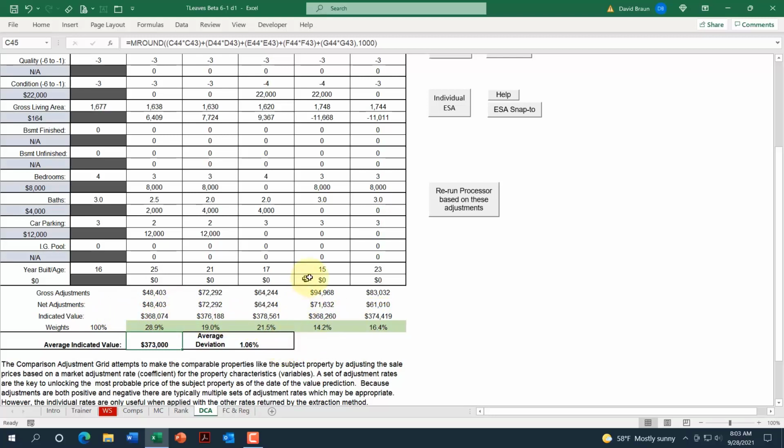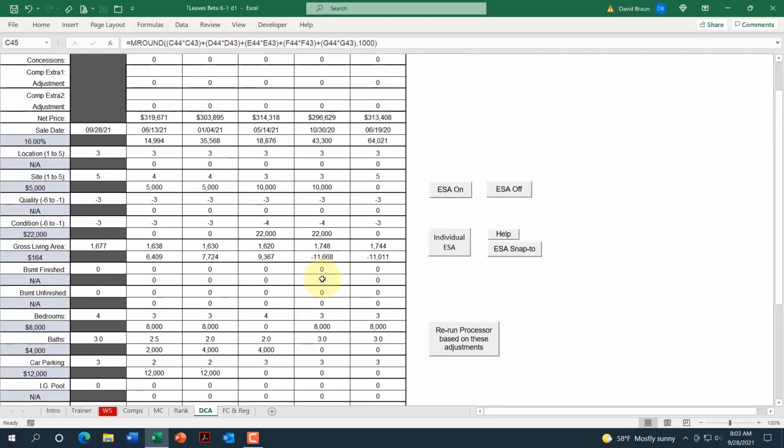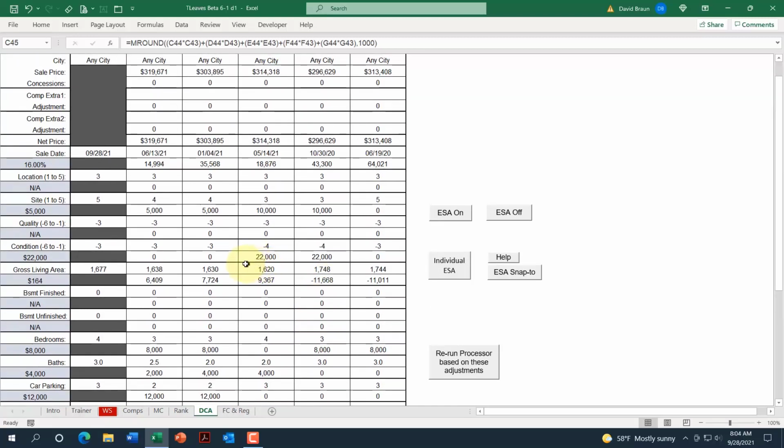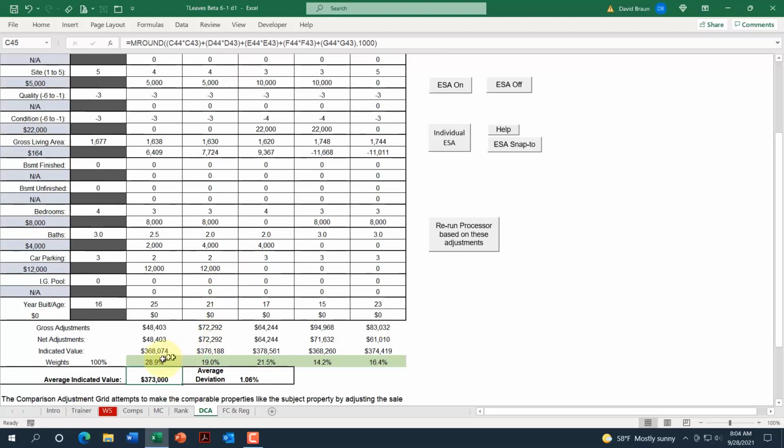It's like 1%. Now, those of you that are familiar with sensitivity analysis know it is based on the theory that as your adjustment rates become more and more correct, the indicated values will tend to converge on one number.